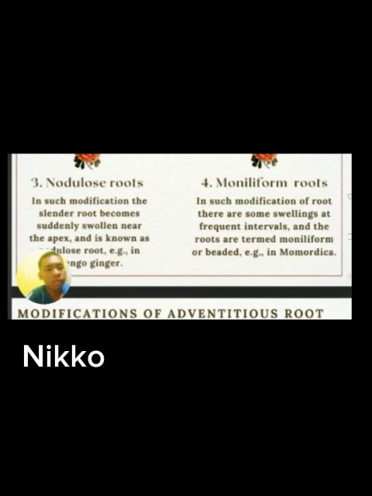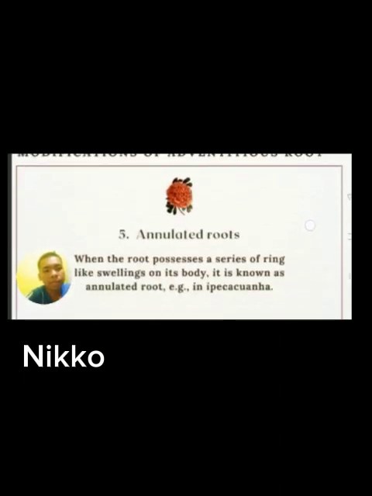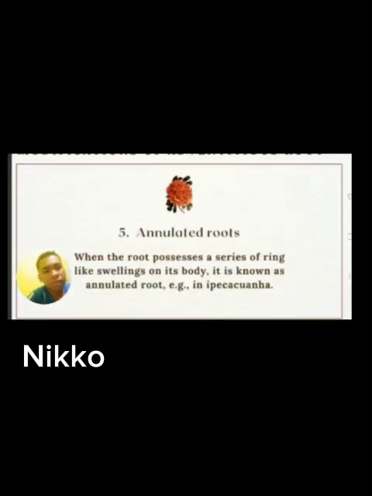In such modification of root, there are some swellings at frequent intervals, and the roots are termed moniliform or beaded. Example of this is Momordica. Number 5, annulated roots. When the root possesses a series of ring-like swellings on its body, it is known as annulated root. Example of this is grasses and bitter gourds.